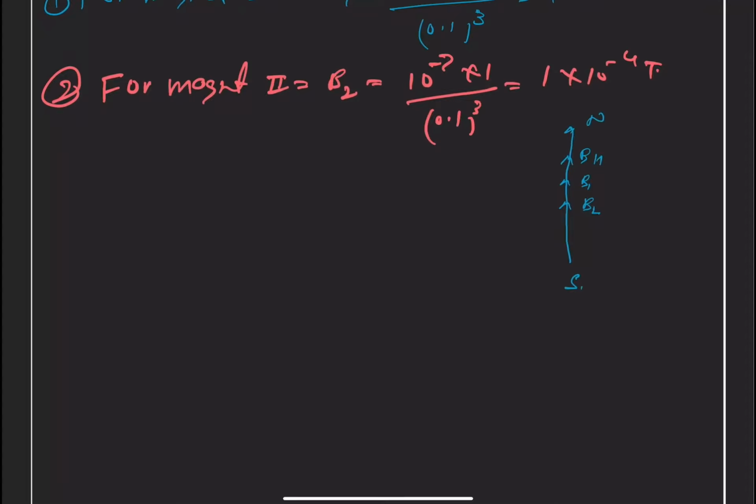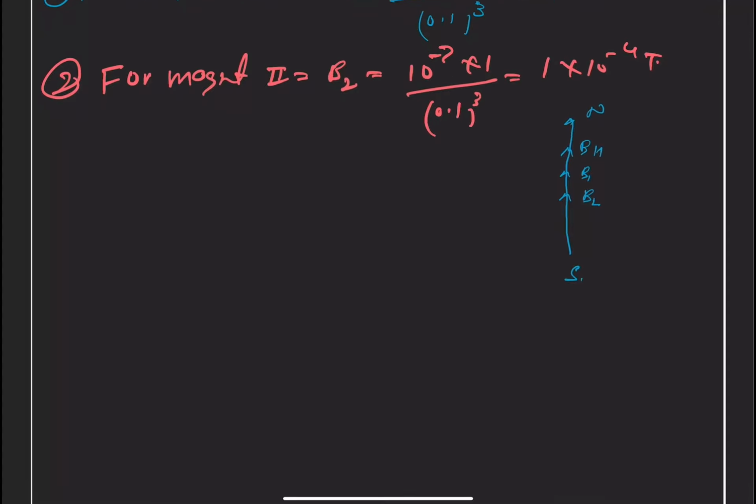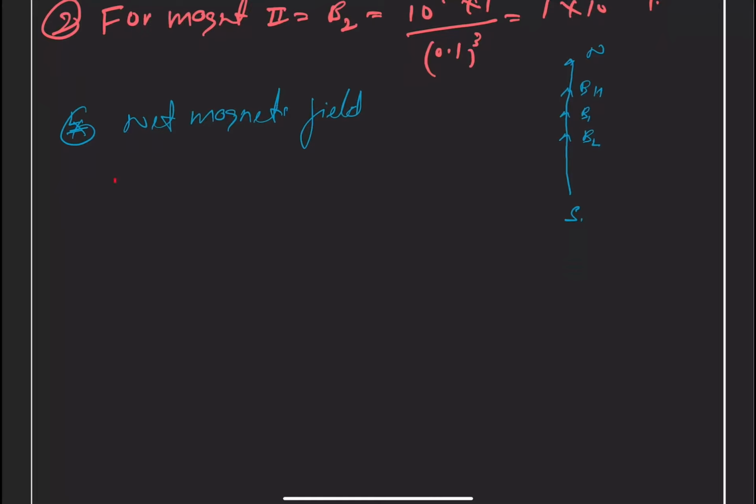So the net magnetic field B will be equal to BH plus B1 plus B2.